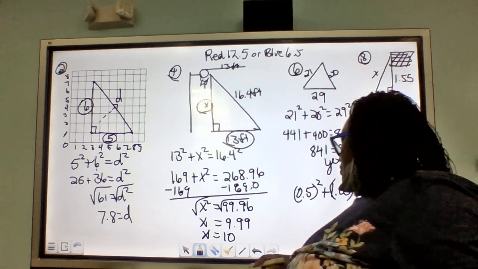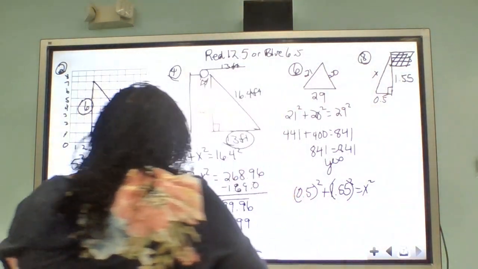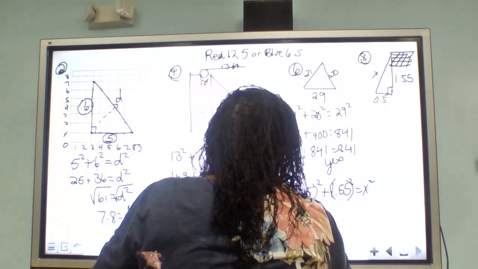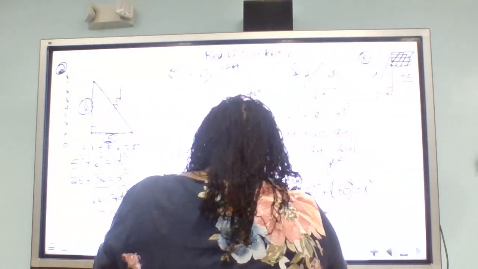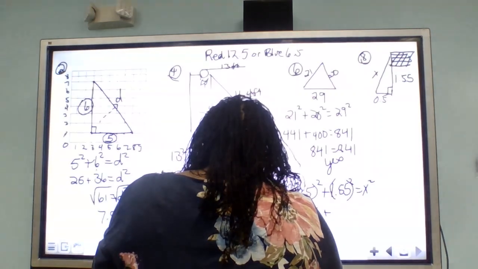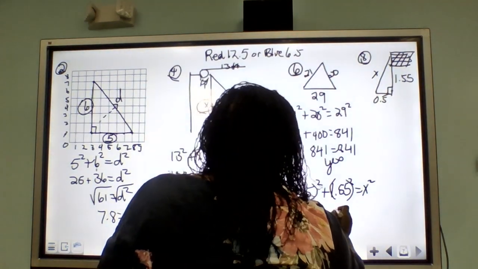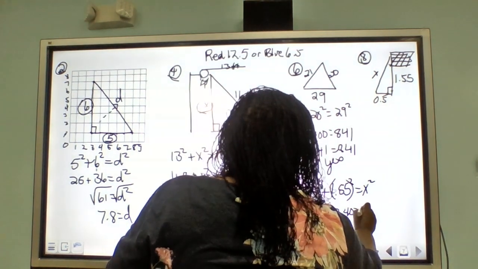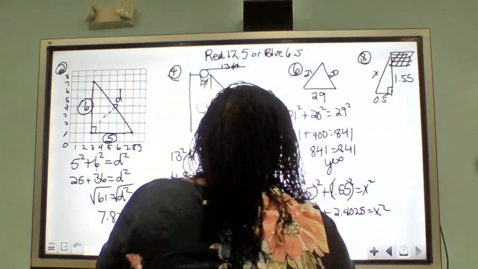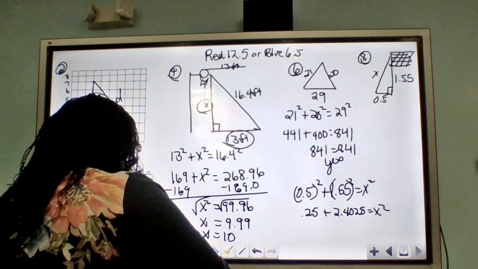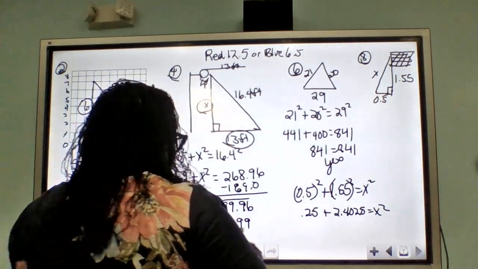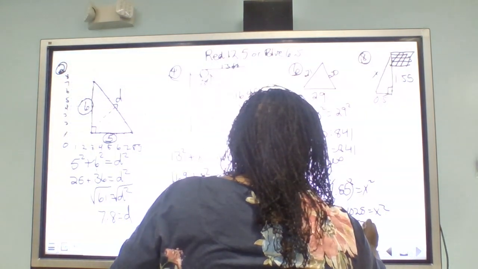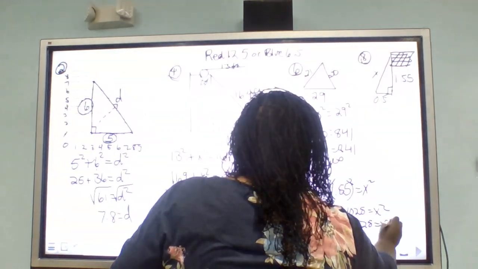Okay? So now we take our calculator and we have 0.5 squared and we have 0.25. Then we have 1.55 squared and we have 2.4025 equals x squared. Add those two together, and we have 2.6525 equals x squared.